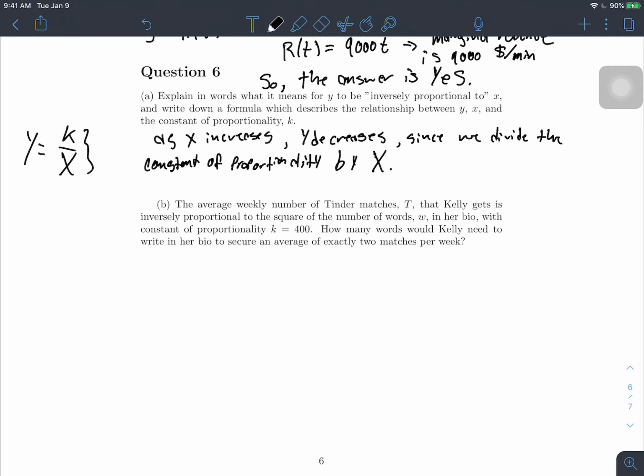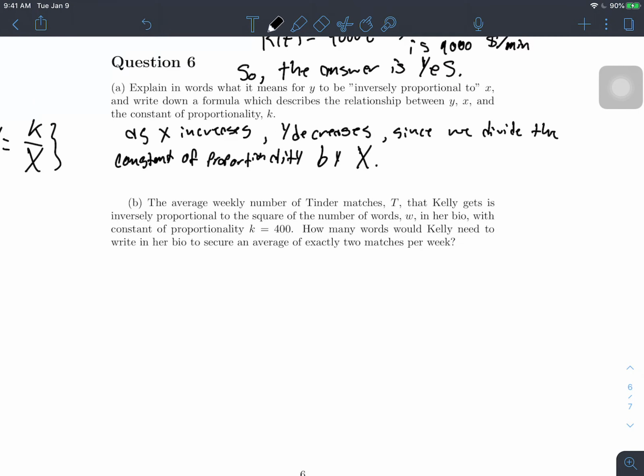The next part, they say, the weekly average number of Tinder matches, T, that Kelly gets is inversely proportional to the square of the number of words, W, in her bio, with constant of proportionality, k, equal to 400. How many words would Kelly need to write in her bio to secure an average of exactly 2 matches per week?